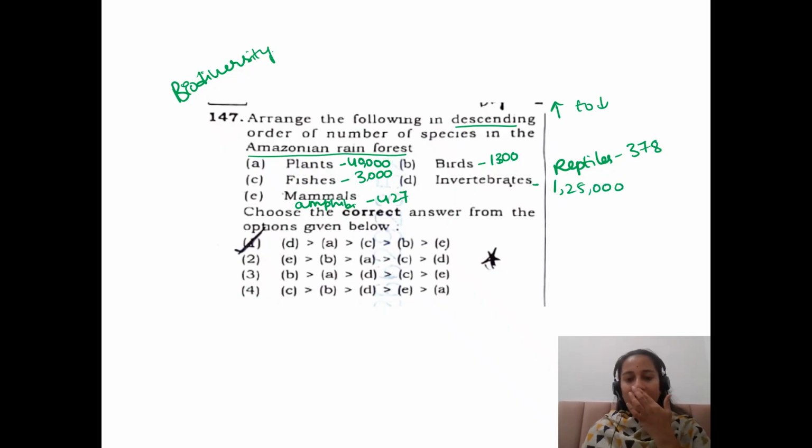So arranging from the highest, the first one will be invertebrates, second is plants, third will be fishes, fourth birds, fifth mammals. So D, A, C, B, E.